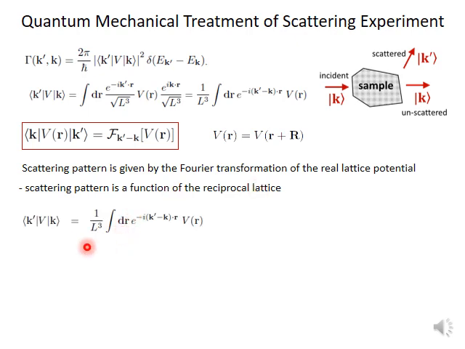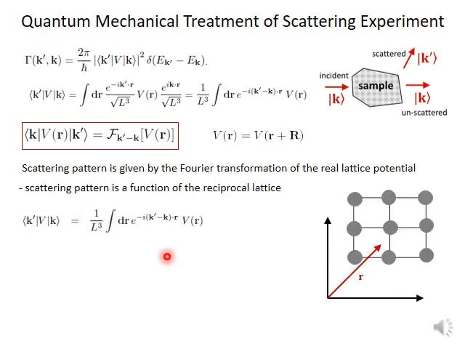Let's look at this integral, which is the Fourier transform of the periodic potential. Here k prime minus k is dotted with a certain r, where r is any position vector representing any point within the crystal of the sample. So what you can do is take the origin at a lattice point.